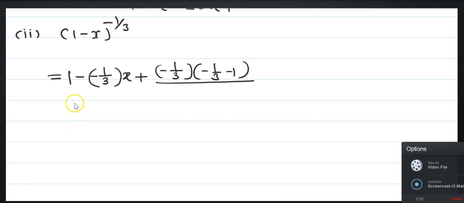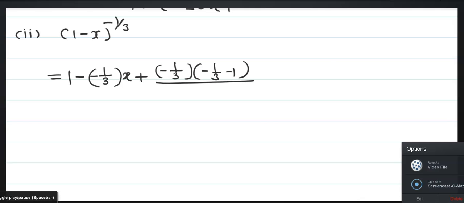Now the first term is, as it is a minus sign, alternately you will get plus, minus, plus, minus. But the power is minus 1 by 3 and that's why 1 minus in bracket minus 1 upon 3 into x plus minus 1 by 3 into minus 1 by 3 minus 1 upon 2 factorial x raised to 2.